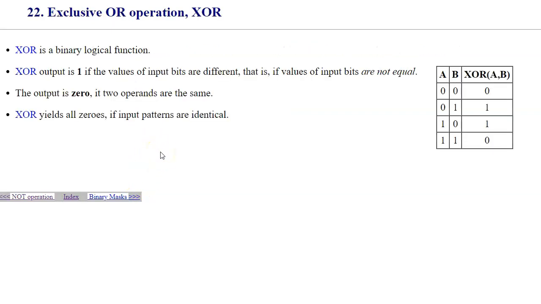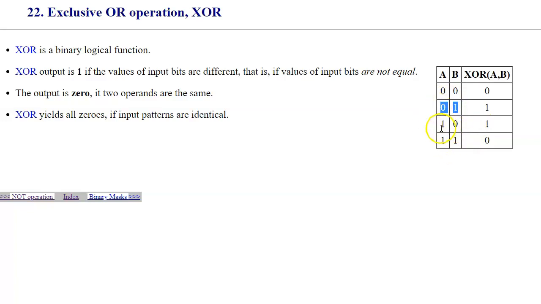Another very popular operation which is available, another binary logical function, is exclusive OR. Once again, represented by a truth table, and just to remember how it works, it yields 0 when both inputs are the same. So it tests the difference between the inputs, if you will.